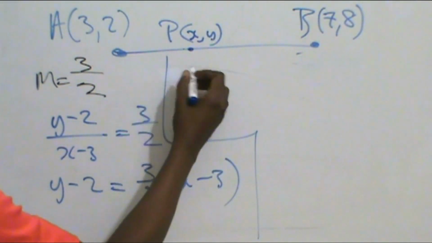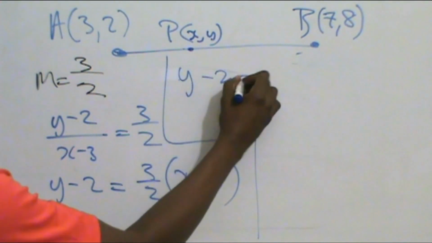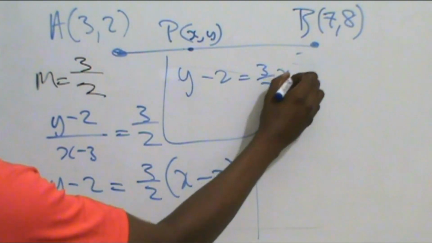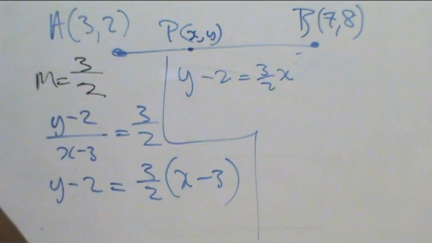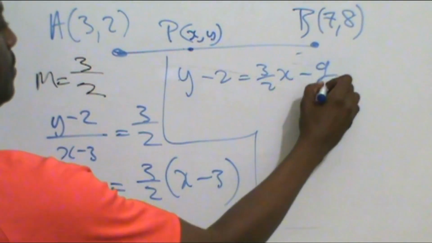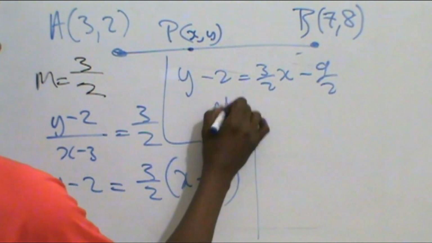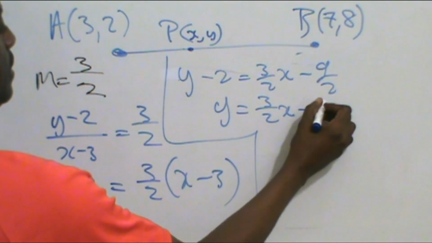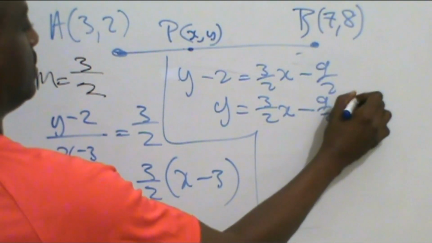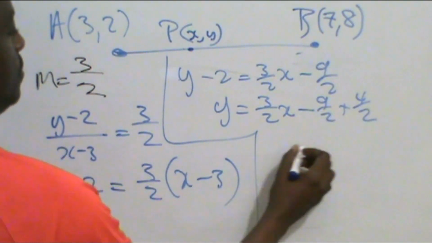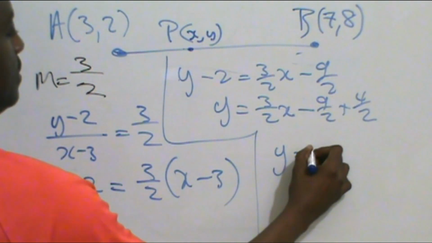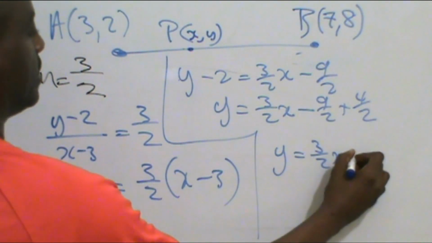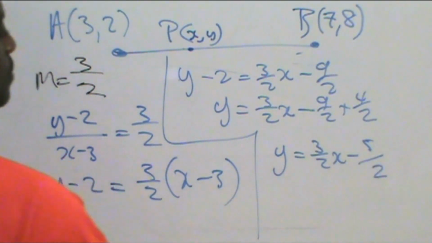Right? y minus 2 is equal to 3 over 2 x, 3 over 2 by 3 is minus 9 over 2. Right? So y is equal to 3 over 2 x minus 9 over 2 plus 2, which is the same as 4 over 2. So y is equal to 3 over 2 x minus 5 over 2.